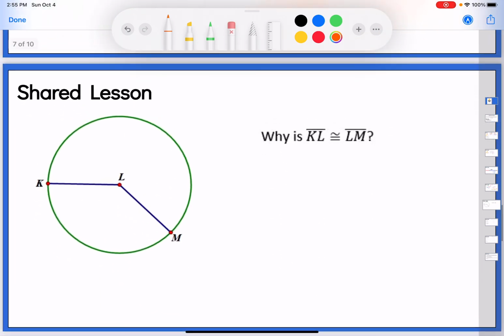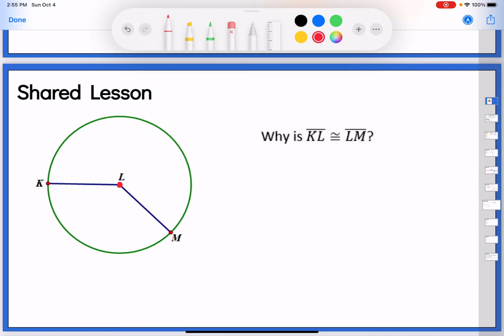Now, once we talk about this idea of a radius, most of the time it pops up as we're talking, right? You can have a radius in more than one place in the circle, right? But since L is the very center of the circle, the distance from the center to the circle, no matter which direction you go, is always the same, right?